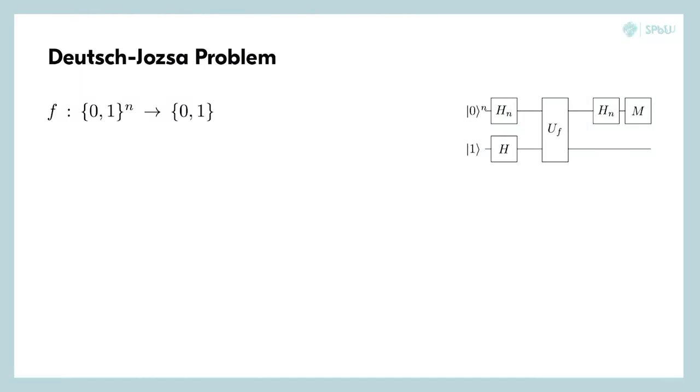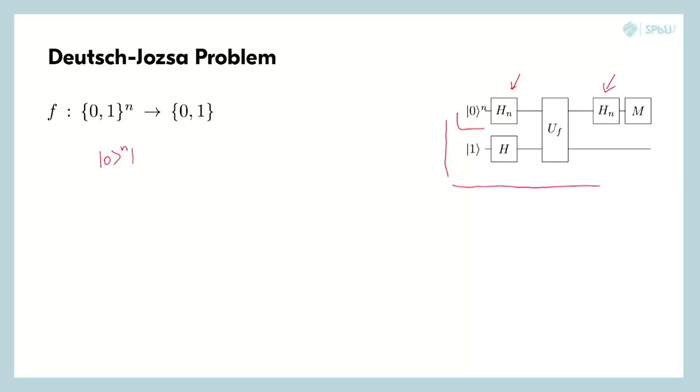But for the quantum case, things are much brighter. To solve this problem, we will need almost exactly the same circuit scheme as in Deutsch's case, except for one thing. We now have n qubits in the X register here, and we have to apply the n qubit Hadamard transforms here and here. So let's do it.